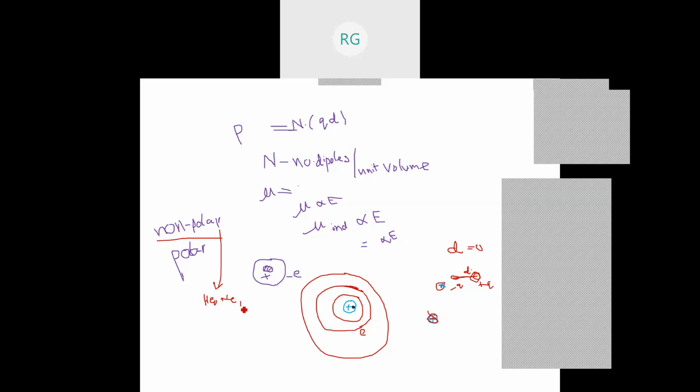These monoatomic molecules are generally non-polar. Non-polar dielectric materials are those which do not have any electric dipoles present in them when no external field is applied. This is the condition. If an external field is applied, non-polar dielectrics will also acquire a dipole moment.